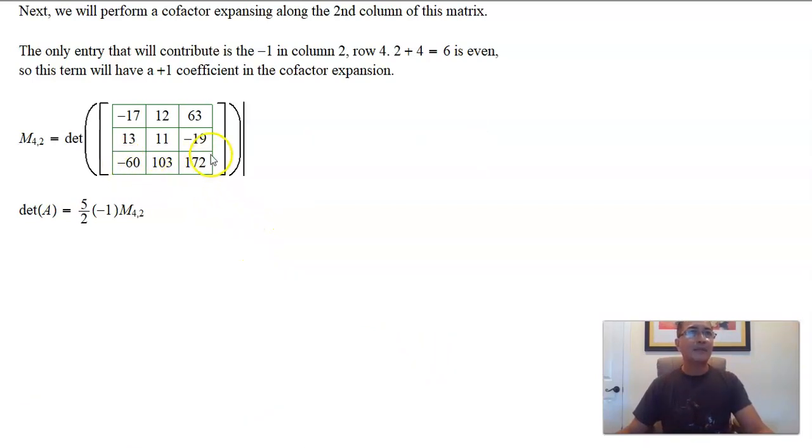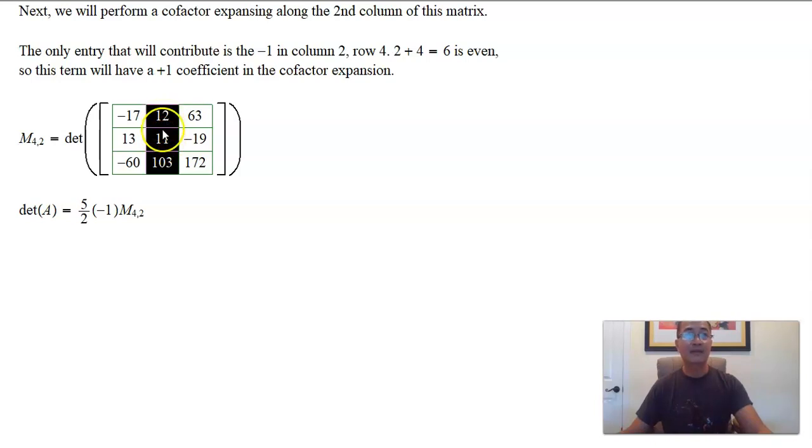Okay, so looking at this 3x3 matrix, now that we know we're on the right track, what I want to do is check out column 2. There are no zeros anywhere, okay? But I immediately liked that 12 and 11.